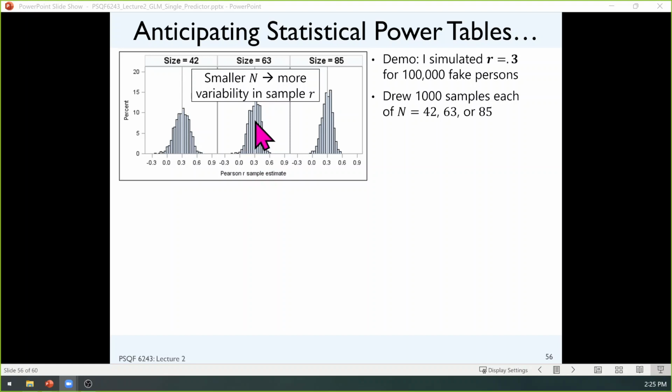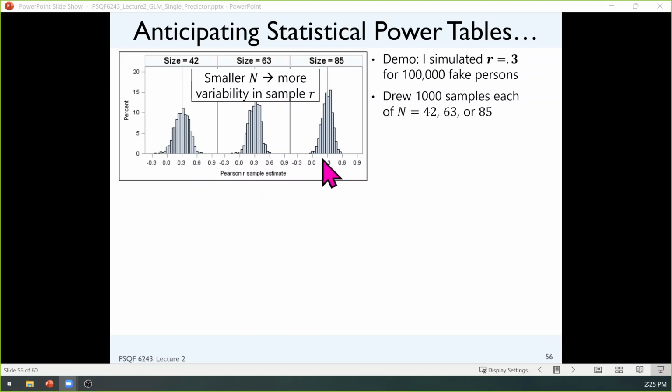As I get more people in each sample, the resulting correlation I get back from any one sample becomes more consistent, less variable. These distributions are collapsing towards a center that is more well defined. By the time I get to 85 people, I'm getting the right answer on average, but I have a lot less variability around it.